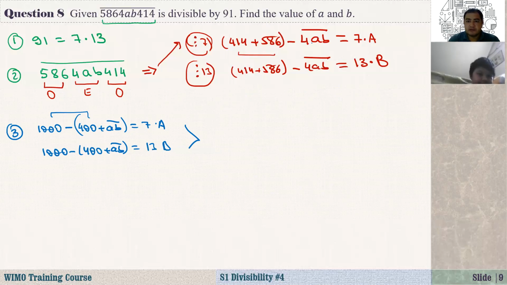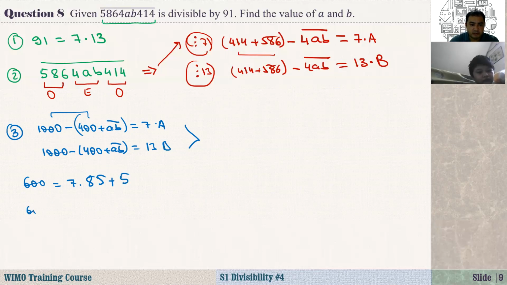So this one is 1000. This one is 400. 414 plus 586 minus 4AB is equal to 600 minus AB. That's equal to 7 times A, and here we have 600 minus AB equal to 13B. And 600 is equal to 7 times 85 plus 5.